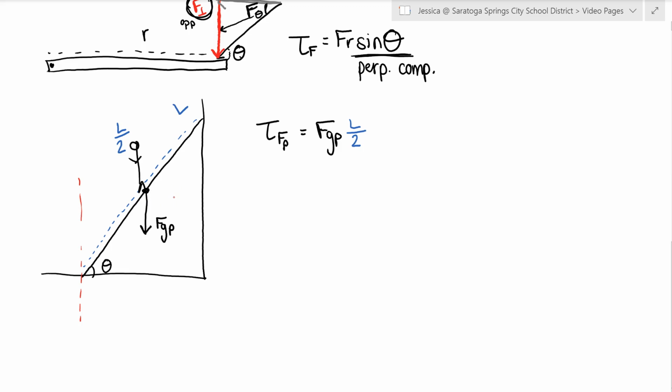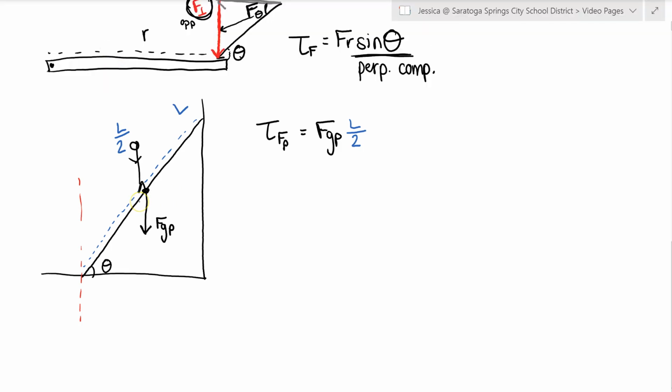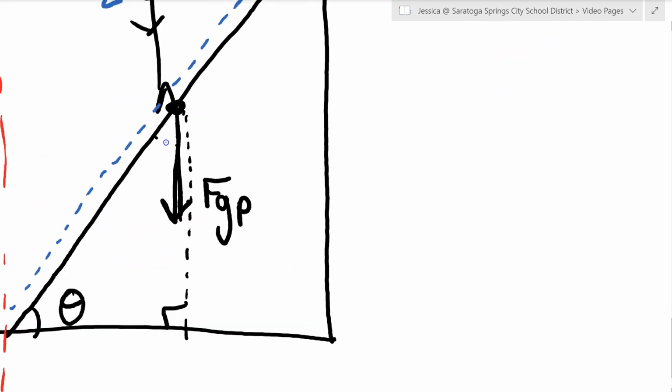We can't exactly say that the angle that the FG makes with the ladder is theta, because it's not. But what we can do is pretend to drop this down and make a triangle. Now, if this is 90 down here, that means this angle in here has to be 90 minus theta.